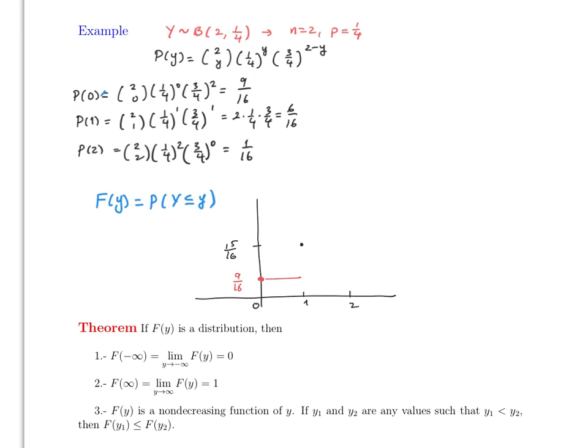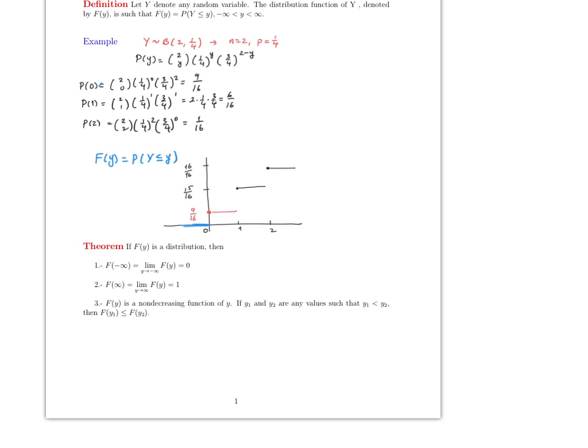We'll go from here to here, and then if you add, obviously this is not to scale, but one more, it will be 16/16. So it will be this, and this part will be 0, because you cannot have any values less than 0 for the binomial. So therefore this is the graph for capital F.